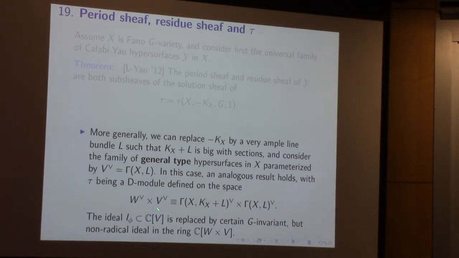So instead of V check being the parameter space, you need to replace it by this larger space. It's given by the product of the dual of the section space, the original section space that parameterized the hypersurfaces, and this twisted line bundle. And the defining ideal for the embedding now has to be replaced by a certain G-invariant non-radical ideal in this larger function ring.